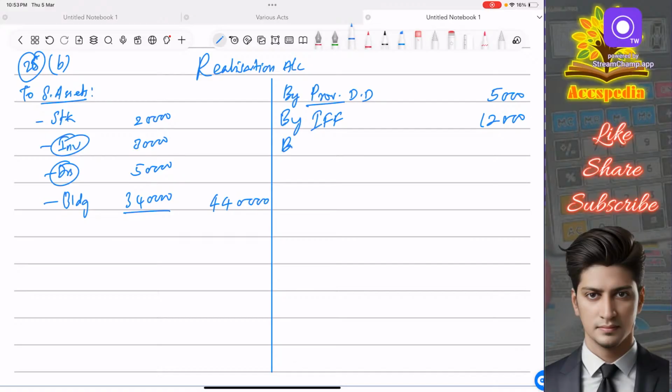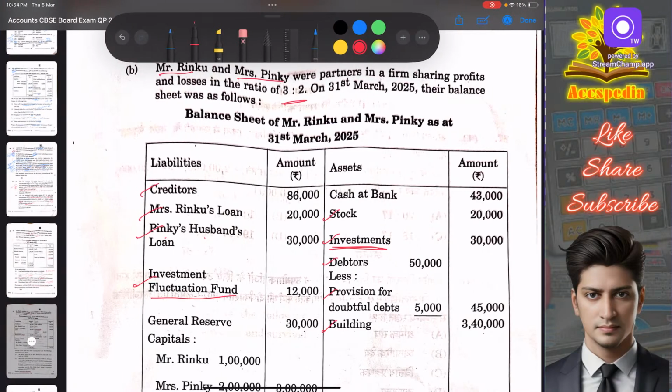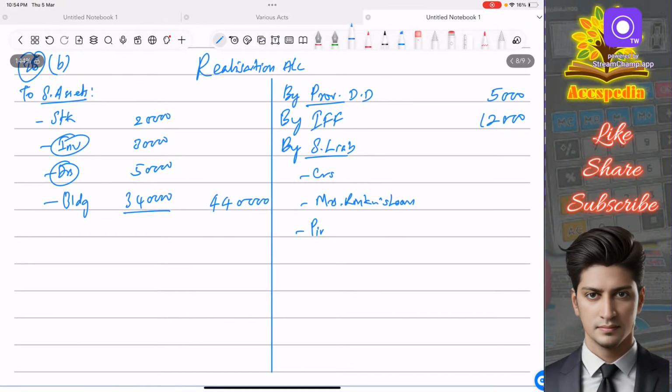Then after that, transfer sundry liabilities. So we had creditors, we had Mrs. Rinku's loan, we had Pinky's husband's loan.